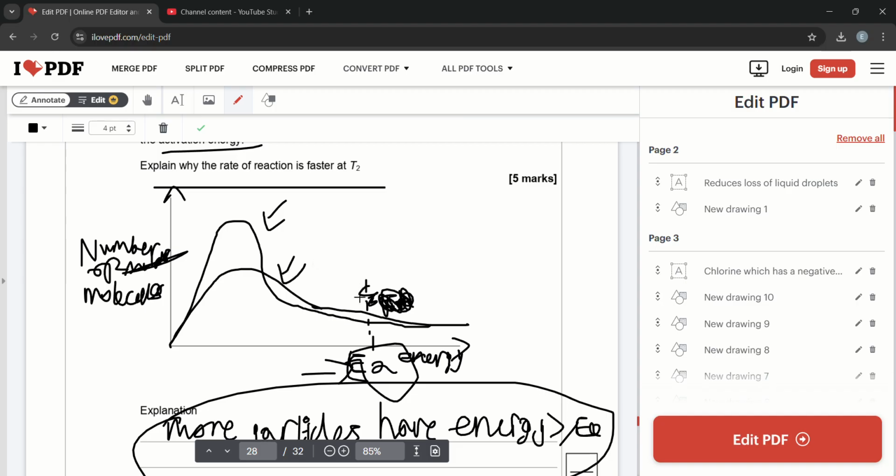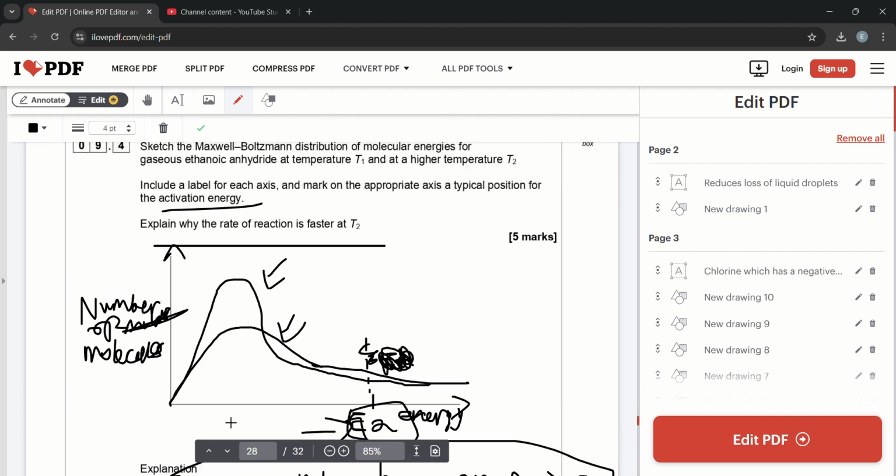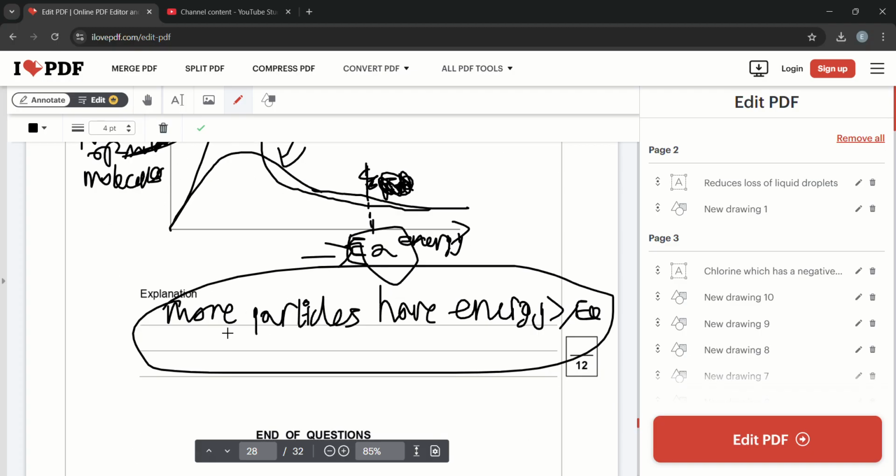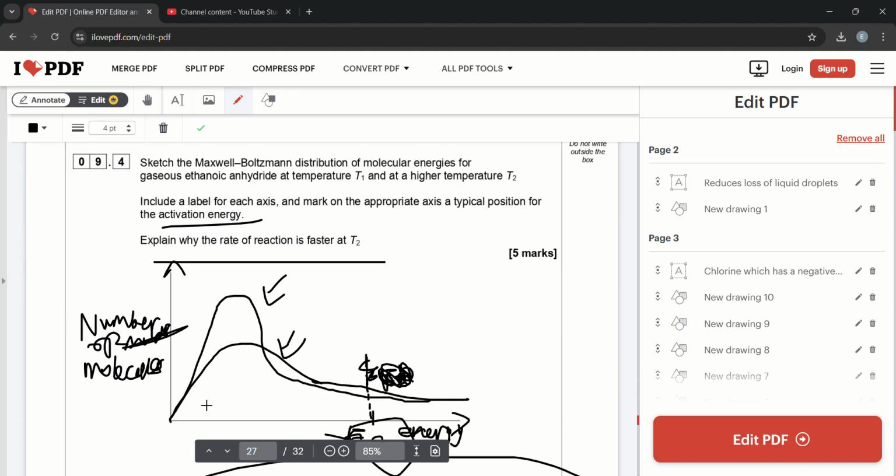Probably have made that mistake before, but yeah, put it on the x-axis. Label energy and number of molecules, and try your best to sketch it properly. Obviously mine's not great. Then do a dotted line for activation energy, and explain the rate of reaction is faster at T2 because more particles have energy greater than or equal to activation energy at T2. And that is the end of question 9.